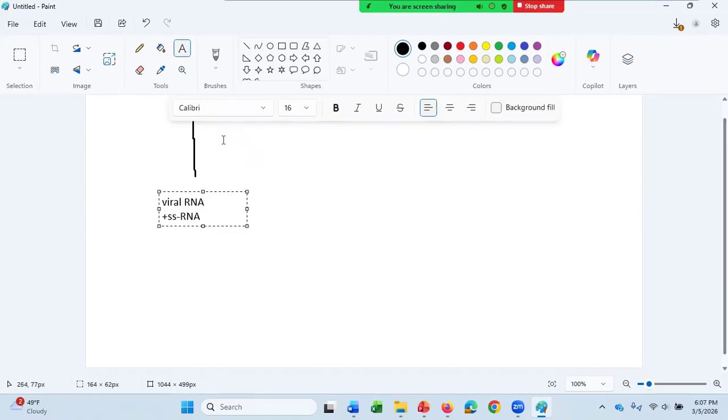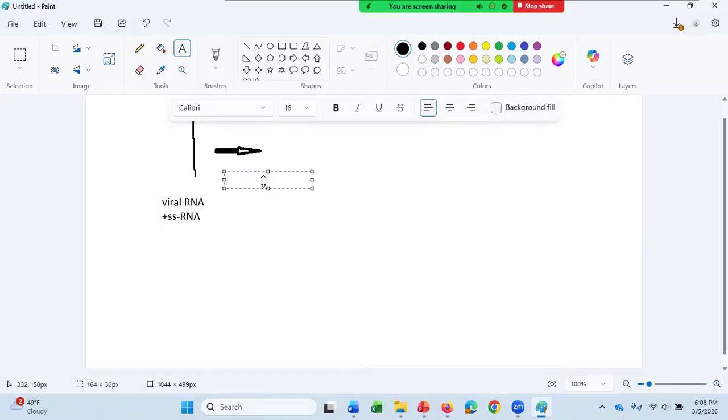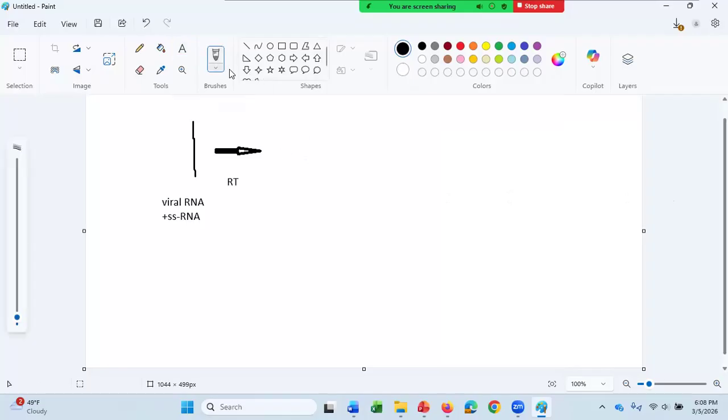And reverse transcriptase, I'm going to just abbreviate that as RT. I'm going to have to put it here because I'm too far up. And what it does is it makes single strand DNA from single strand RNA.